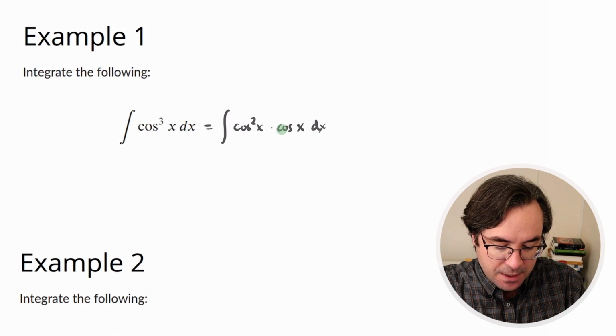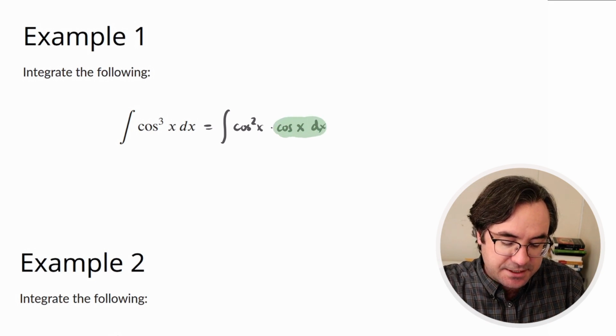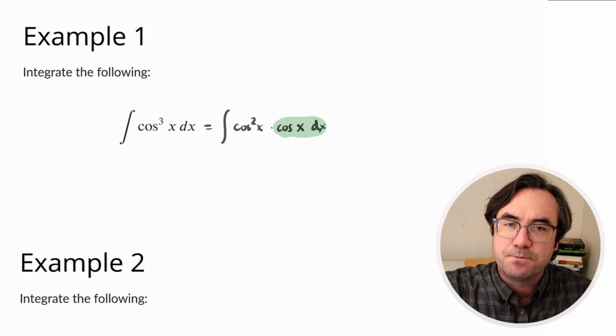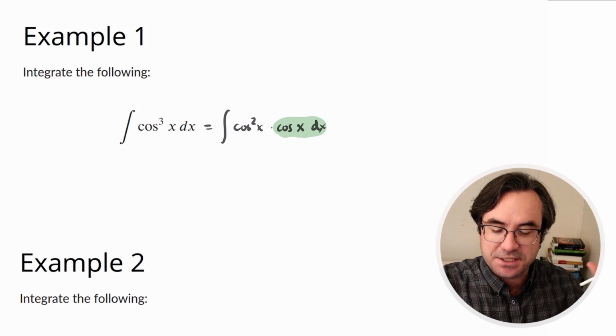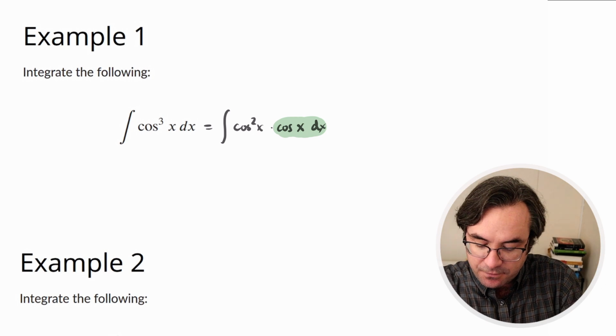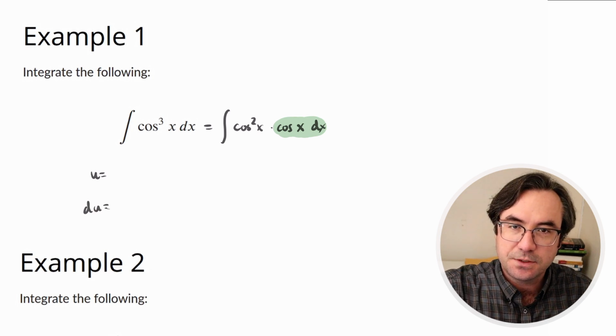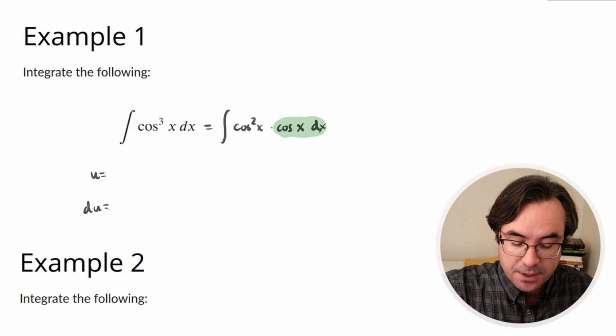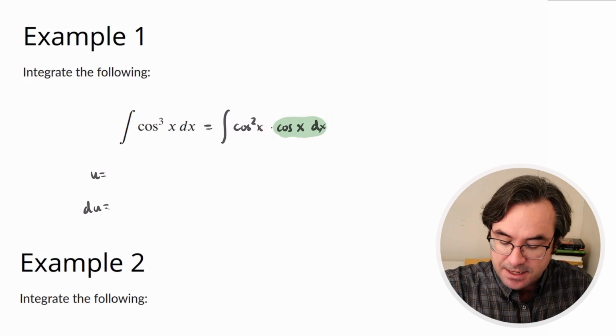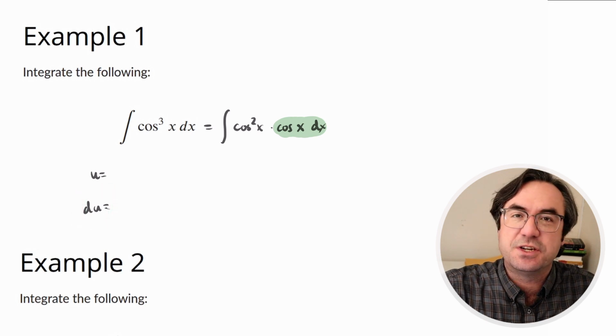All right. So this cosine x that we move next to our differential, we're going to save this. We're going to put this aside. And what we're saving it for is that ultimately we're going to do a u substitution to help us finish this integral. So this cosine x dx, that's going to get involved with our differential.